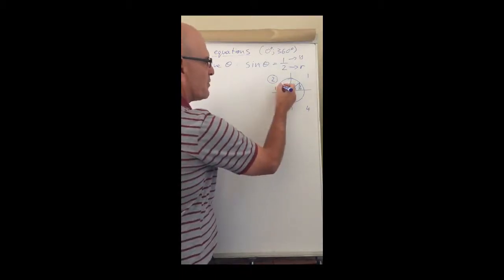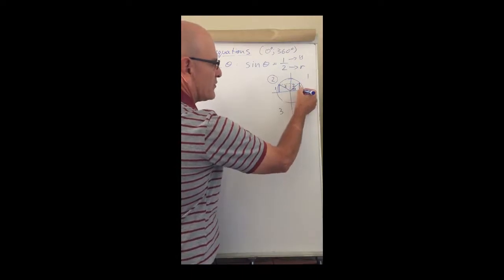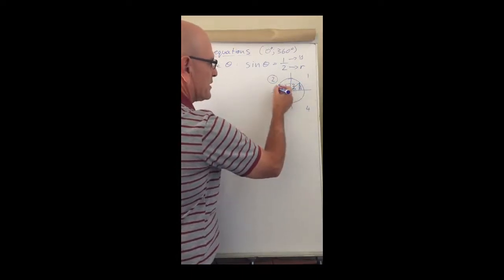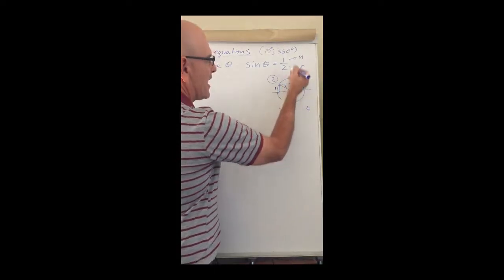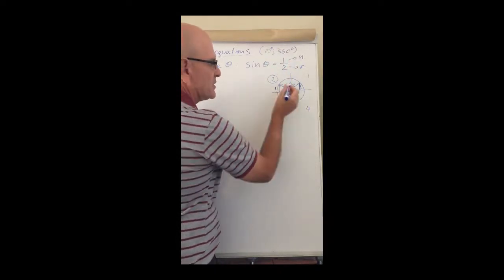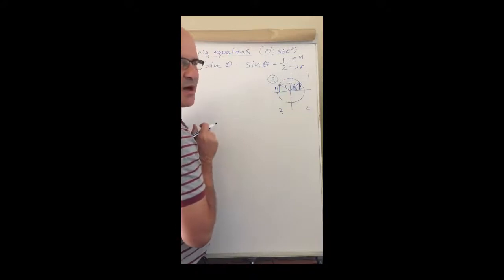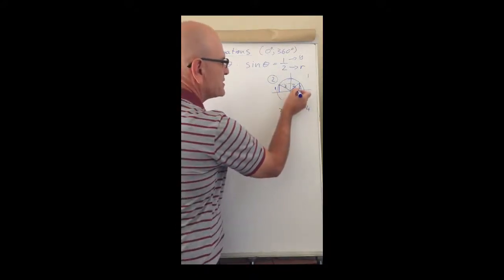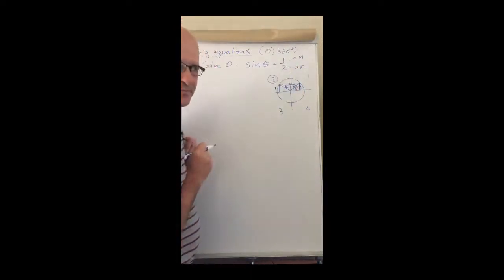And this is still my y value over here, and this is also my y value over there. It stays 1 there and 1 there. My hypotenuse stays 2 and 2. And that gives me the answer of sine theta equals 1 over 2. So it will be this angle over here that will give me a half, but also this angle over here will also give me the same answer.